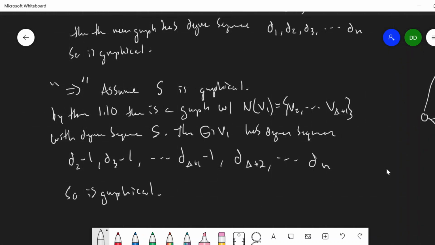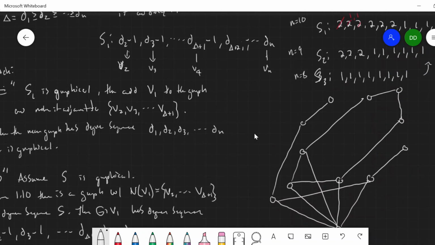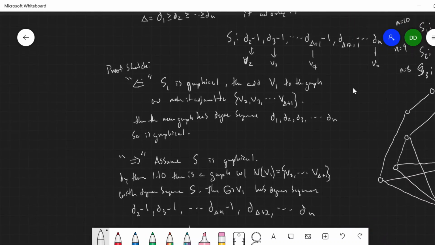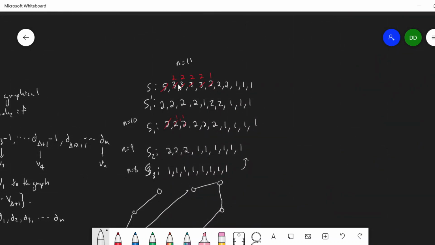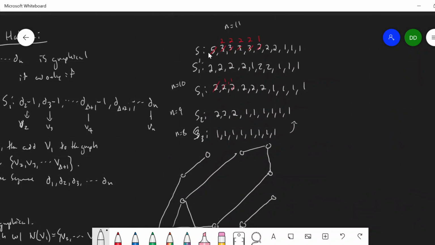And so that's the idea. This theorem is really establishing an algorithm that can be used to determine if a sequence is graphical or not. Start with the sequence and perform the same steps over and over again: removing the first one and decreasing the degree of the next delta by 1. Keep doing that until you get a degree sequence that you recognize.